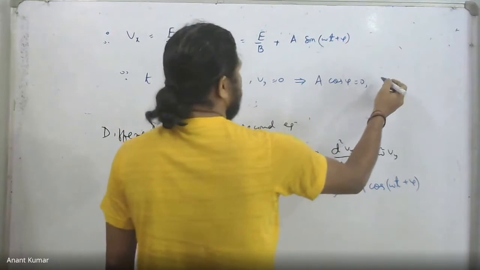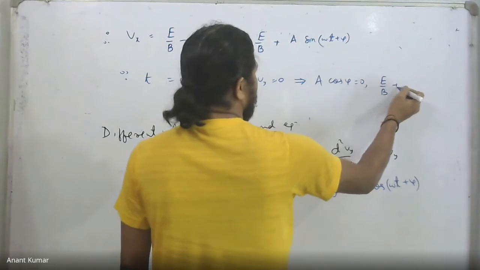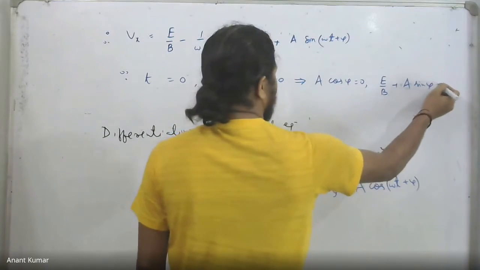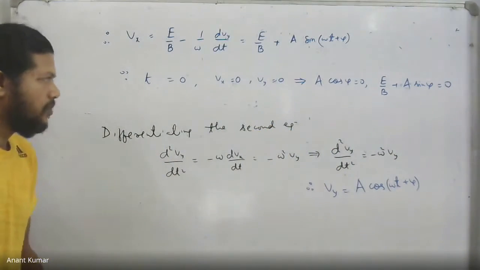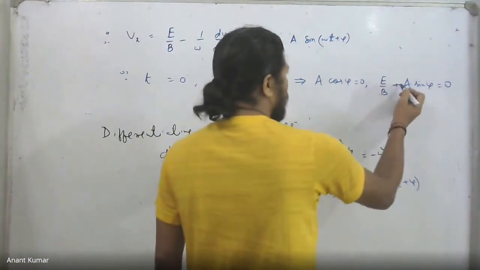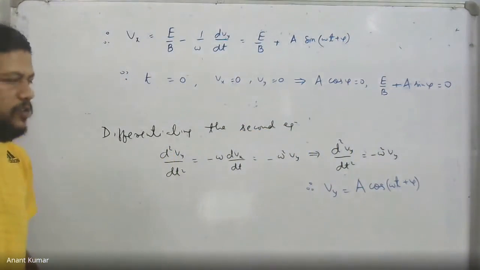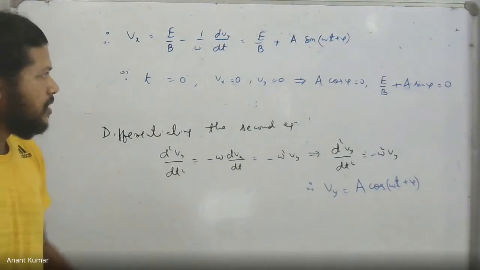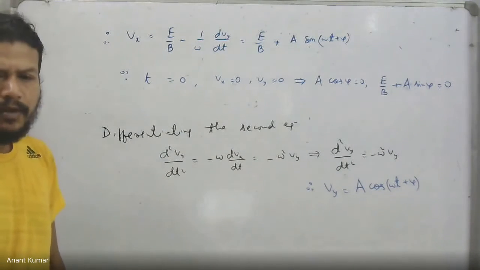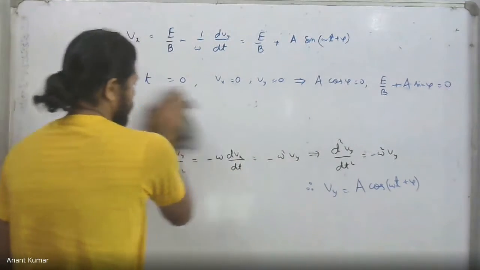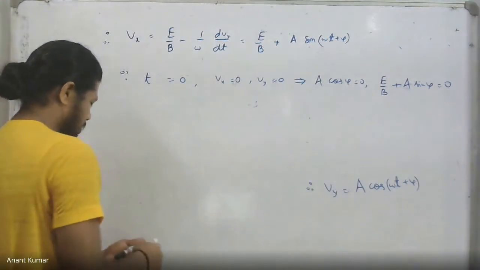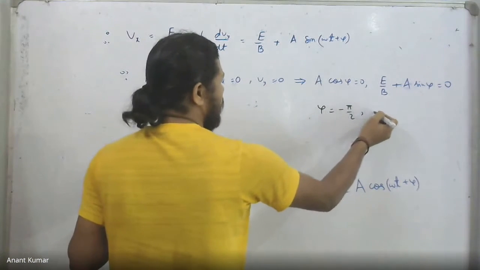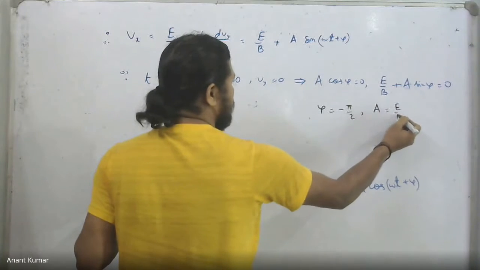And that will give us E by B plus A sine phi equal to 0 as well. So if I wanted A cos phi to be 0, obviously A is not 0, so cos phi has to be 0. So phi has to be either plus pi by 2 or minus pi by 2. If I take pi by 2, then obviously A becomes negative. So I do not take plus pi by 2 but minus pi by 2. So we end up getting phi equal to minus pi by 2, and therefore A will turn out to be E upon B.